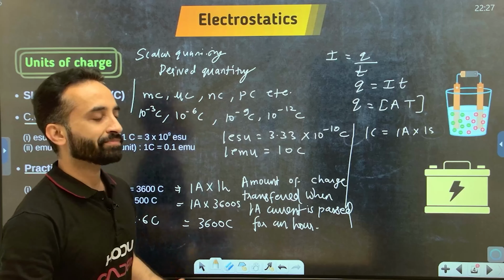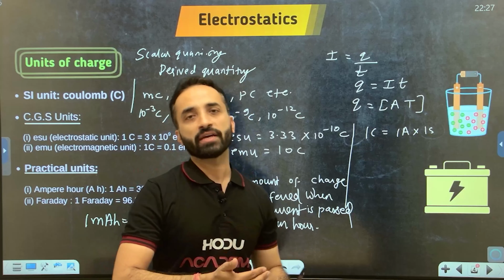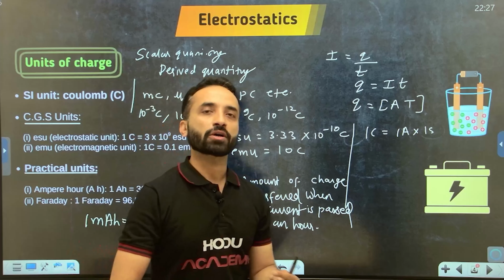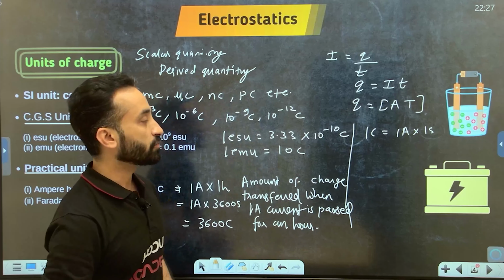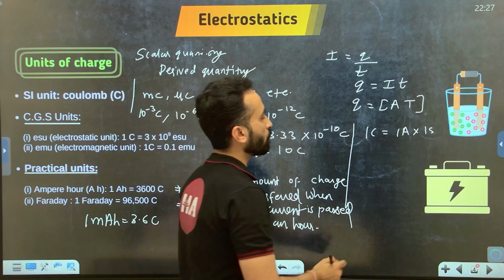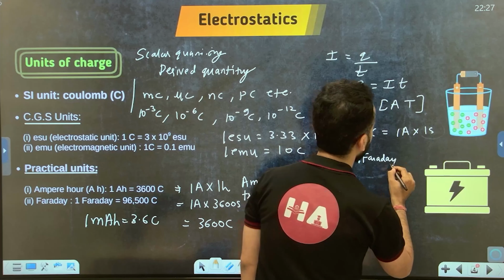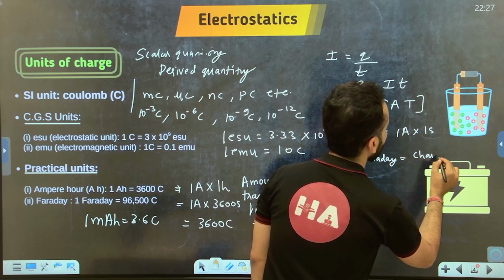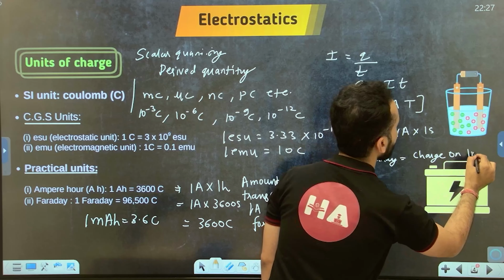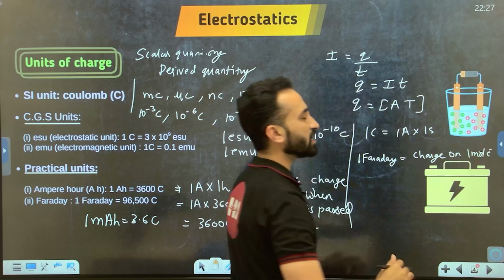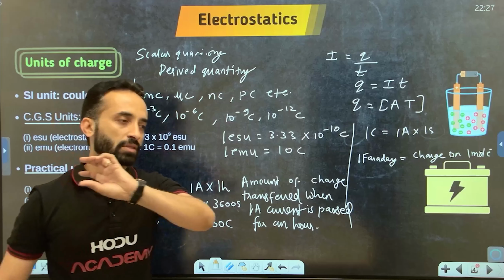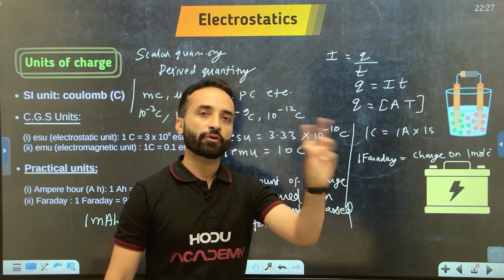So of course whenever we talk in terms of particles being transferred, we talk in terms of moles, right? So when we talk in terms of mole, what I need to do is explain that 1 Faraday therefore becomes quantum of charge on 1 mole electron. So he said that, okay, let's make a unit that is equivalent to 1 mole transfer of electrons.